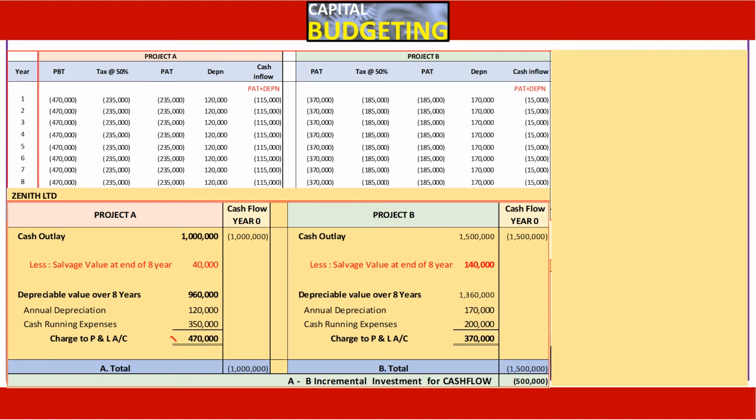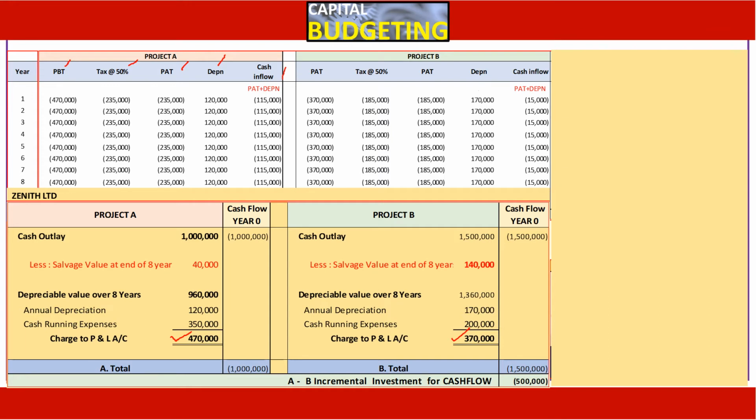We have derived the expenses. We have no other information with us. Our template always says take profit before tax, tax it at the given tax rate, derive PAT, add non-cash expenses or depreciation, derive the cash flow, and between two cash flows find out the incremental cash flow. The same thing we are going to do here now.